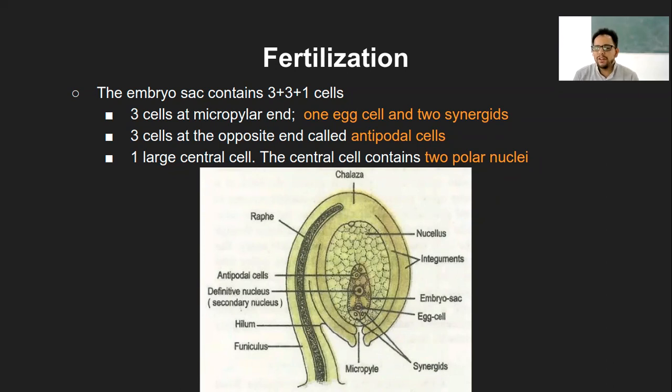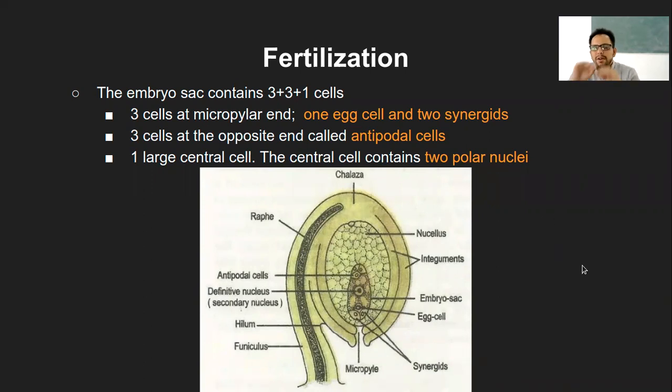Egg cell function is obviously common. It is going to fuse with the nuclei from the male gamete. The central cell consists of 2 polar nuclei, and they are going to fuse with another male gamete, and they will give rise to the endosperm.